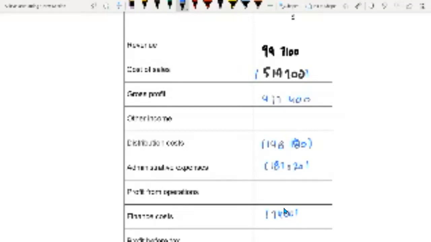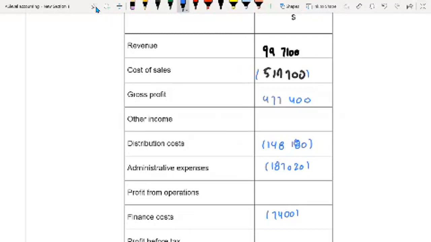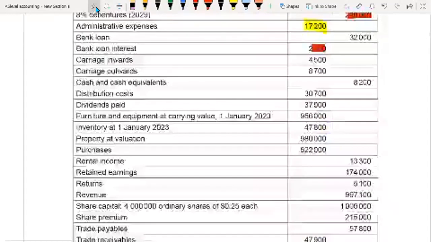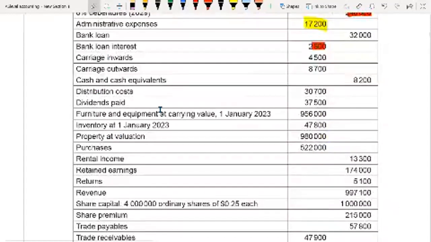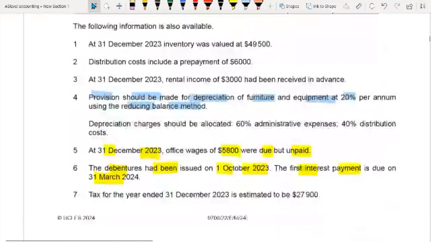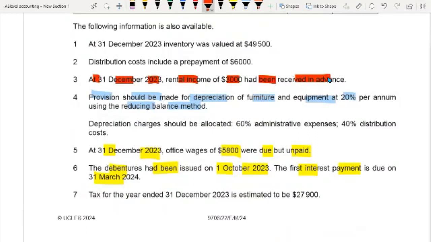So now let's find out the other income. Okay, so if you see in the other income, we have only 13,300. This is the other income, 13,300. But if you remember, we have seen the adjustment for the rental income, which is at 31st December 2023, rental income of 3,000 had been received in advance.